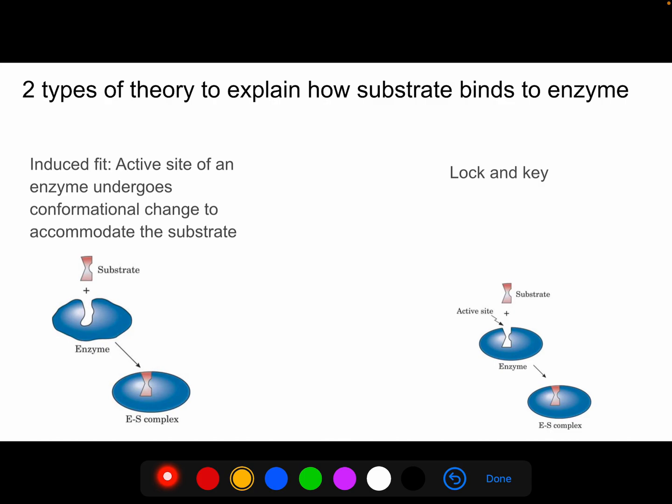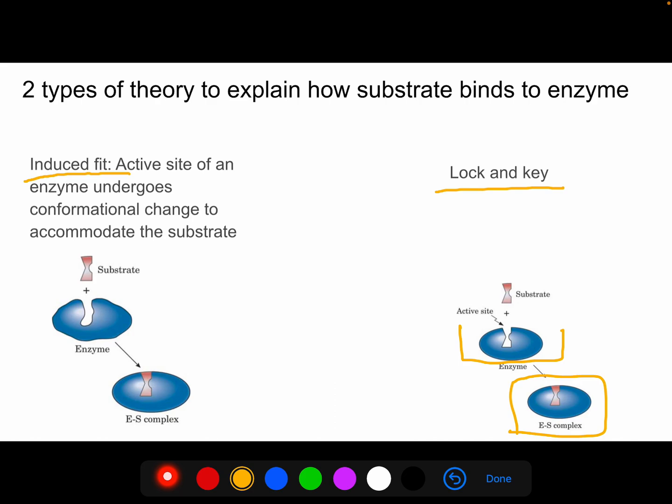So there are two theories that explain how the substrate binds to an enzyme. In the past, it was just lock and key, meaning we have the enzyme here with an active site that matches exactly the substrate shape, and they will fit together, forming the enzyme substrate complex. Now we have a slightly different explanation. We call it the induced fit model. The shape of the substrate is similar to the enzyme active site, but not really.